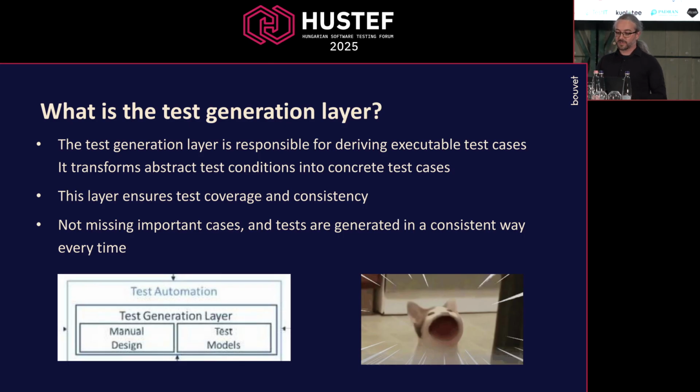This layer ensures test coverage and consistency through systematic rules or algorithms while automating test case design. Okay? In other words, you're not missing important test cases, that is to say coverage, and your tests are then generated in a consistent way every time.